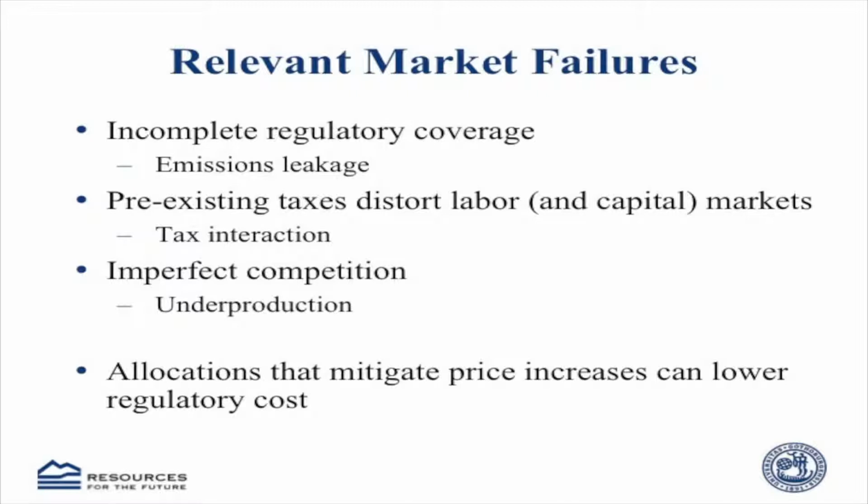And then what happens if you impose a carbon tax, that raises the price of carbon intensive goods in the economy, that lowers the real wage, which in theory reduces labor supply, and then you get this efficiency cost. How big this is is a dispute. But then, if this is something that you're worried about, then keeping those prices from rising as much can help reduce the interaction with that pre-existing tax distortion.